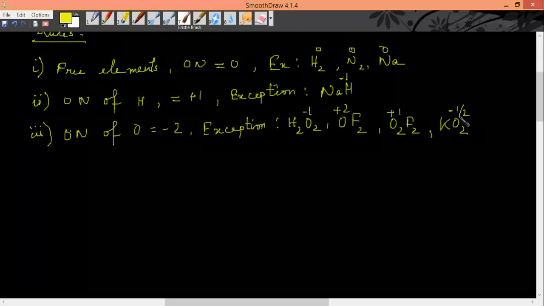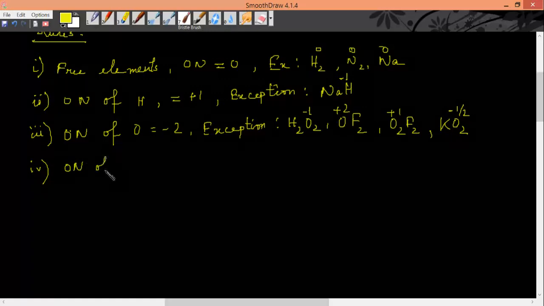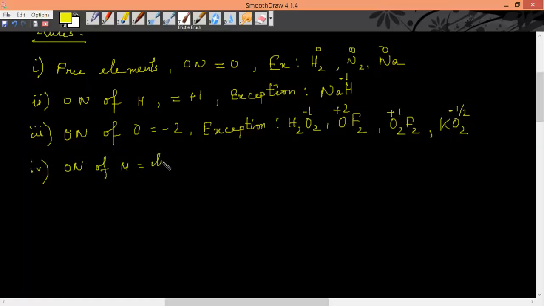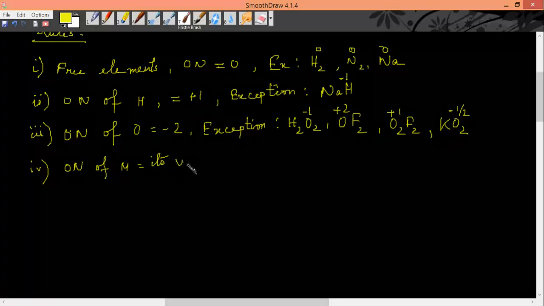Now come to rule 4. Oxidation number of any metal, say M, equals its valency, and it is always positive.